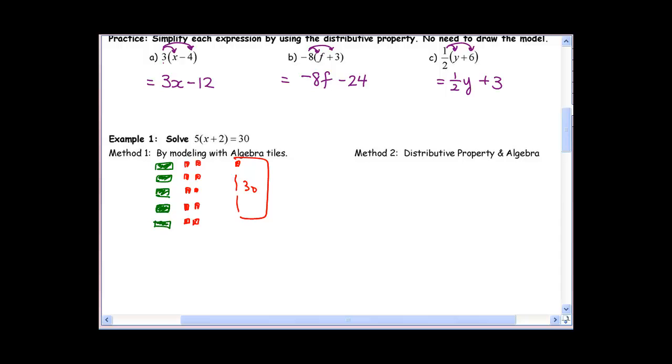Now, what you're trying to do, once again, is solve for x, or 1 positive rod. So I'm going to ask you to remove these 10, which means I also have to remove 10 from here. So take away 10. So what do we have left over? Well, we've got 5 rods still, so let me copy these down on the left-hand side.